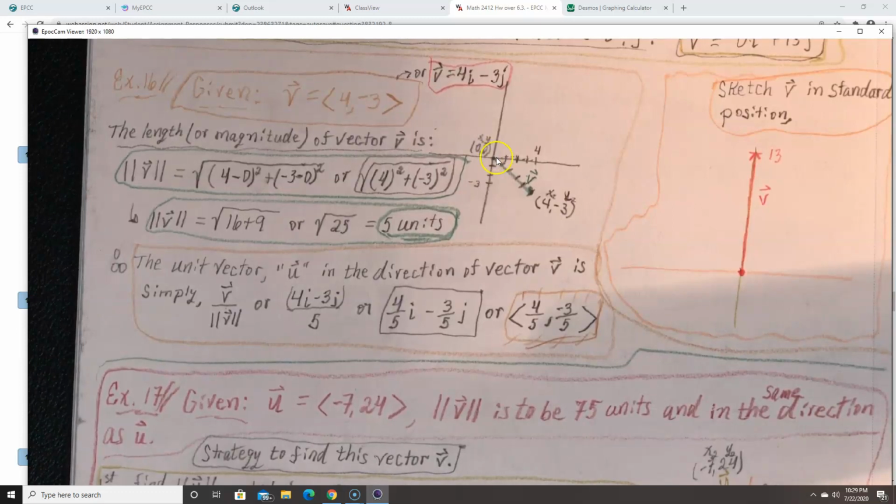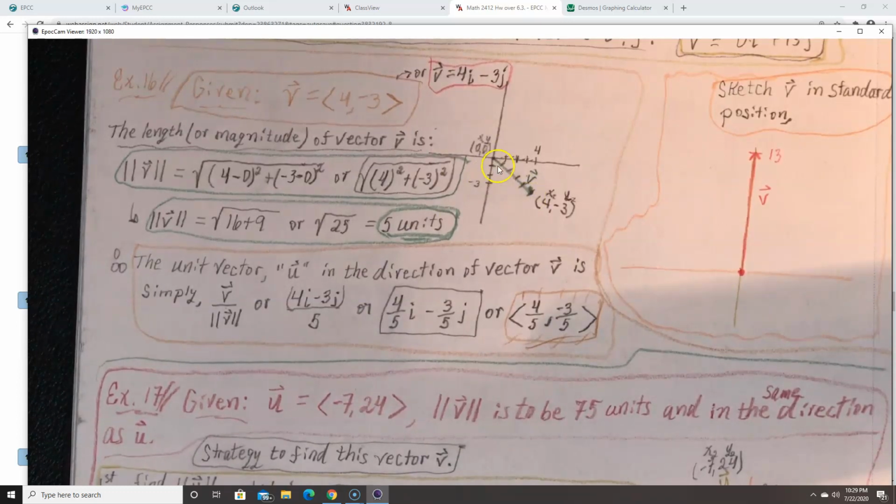A slanted 1 unit vector is neither one. It's just a vector that has magnitude 1 that's in the direction of, well, in this case, the same direction as this vector v.